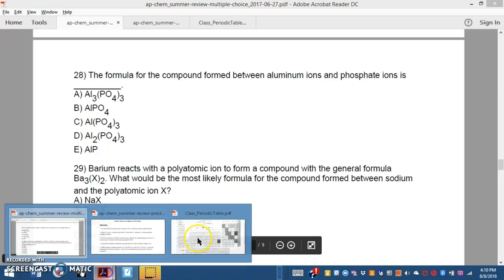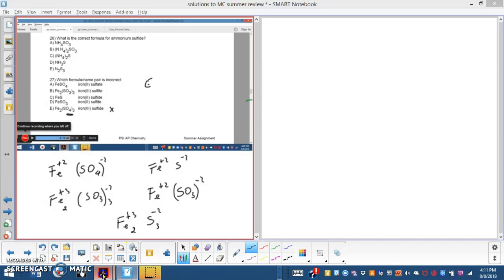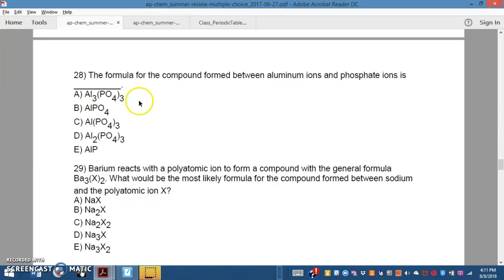If you check your periodic table right here, your phosphate is with the charge of -3, so it's here. And aluminum has a charge of +3, so the ratio is fine, but obviously you got to write a 1-to-1 ratio. So B is your choice.